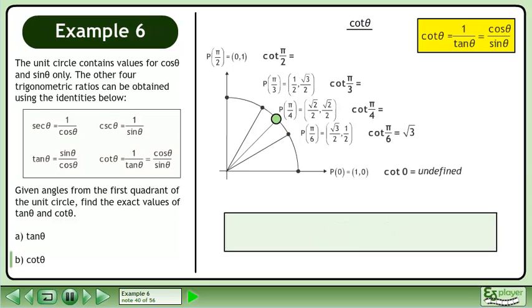Now we'll find the exact value of cotan pi over 4. Cotan pi over 4 is equal to cos pi over 4 over sine pi over 4. The cosine of pi over 4 is equal to the square root of 2 over 2, and the sine of pi over 4 is equal to the square root of 2 over 2 as well.